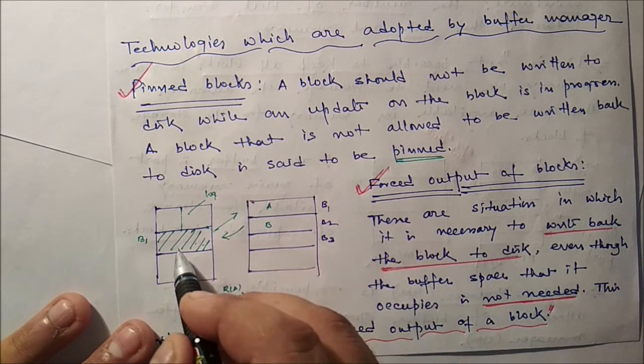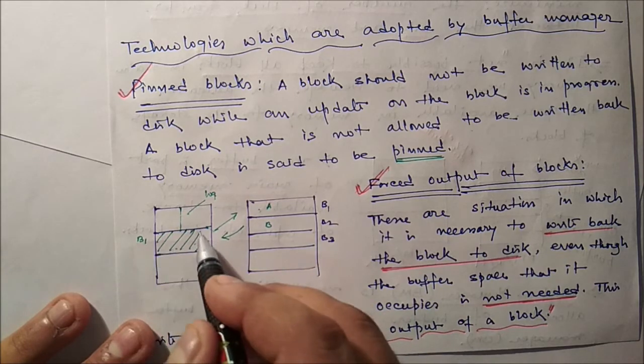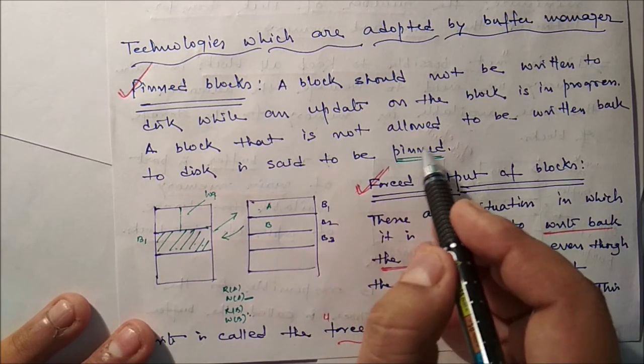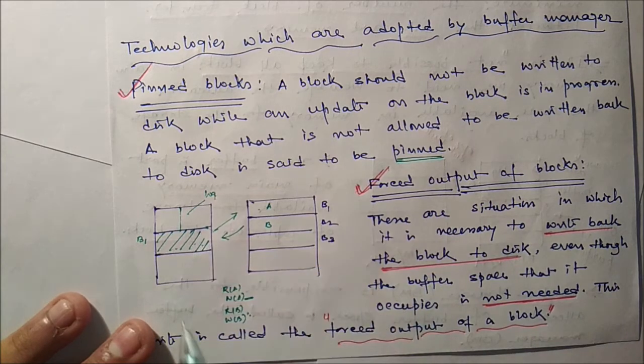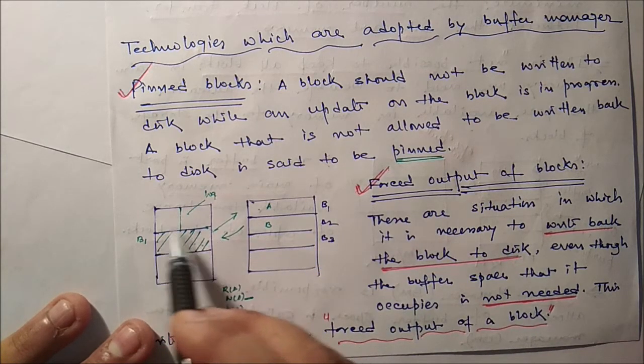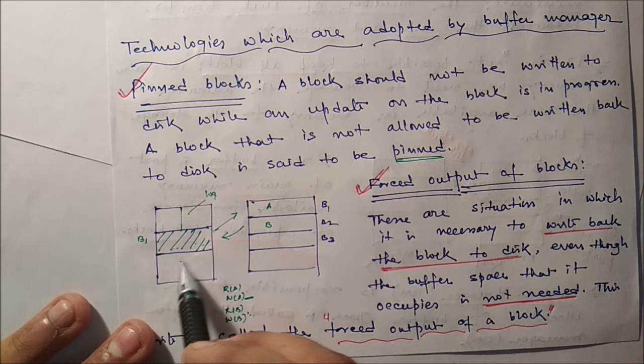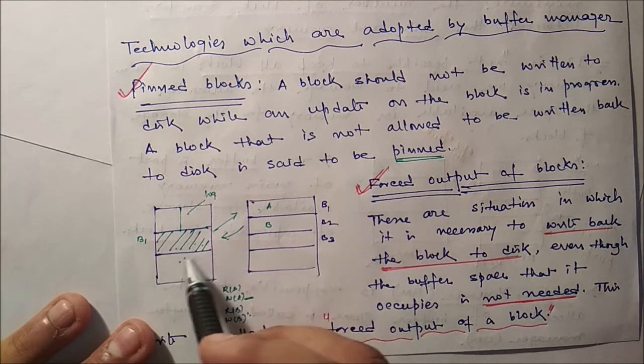After that, B1 can be transferred. So to protect the block until it is logged, we use pinning. Through the pin, we indicate that it is not possible to transfer this block. After completing the update part, we unpin the block, and after that the buffer manager can transfer it.